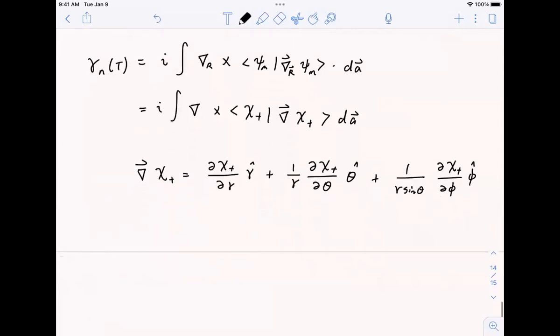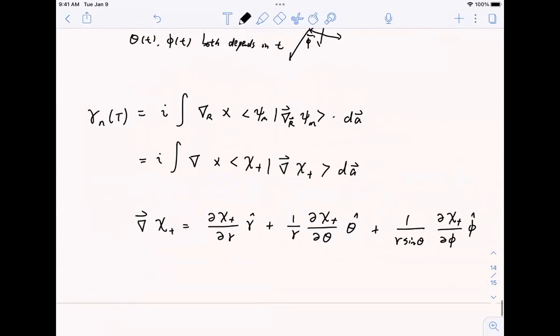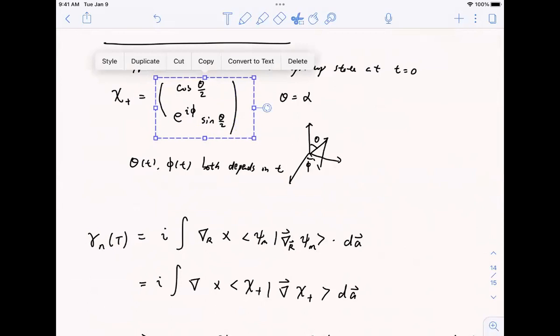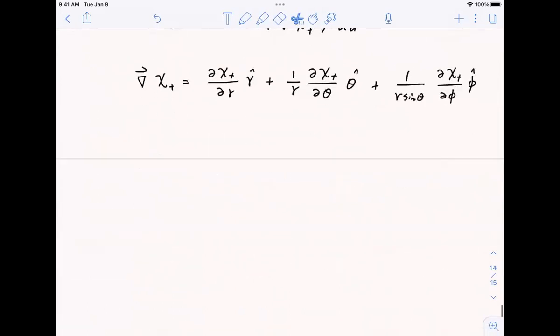There's no R dependence here, so you just copy this. Basically, you have this dr and 1 over r d theta.